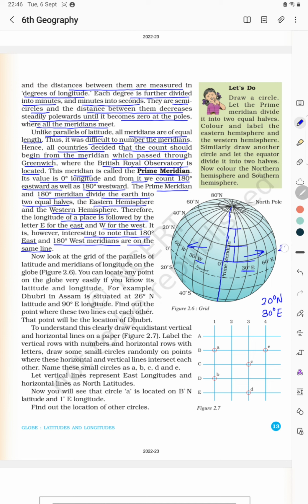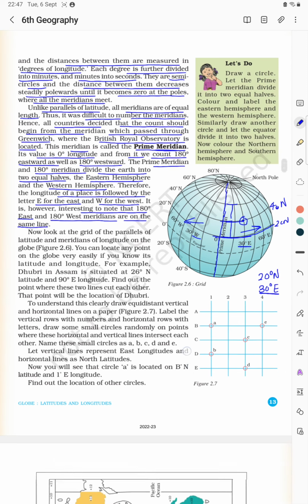Suppose this is the 20-degree line, this is the 40-degree line, for 20-degree north, 40-degree north. So from the equator, this is my 20-degree north line, and from the longitude I can see it is 30-degree east. So this is 20-degree and this is 30-degree. So this is my point. This is how we use latitude and longitude to determine the position of a place on the globe.